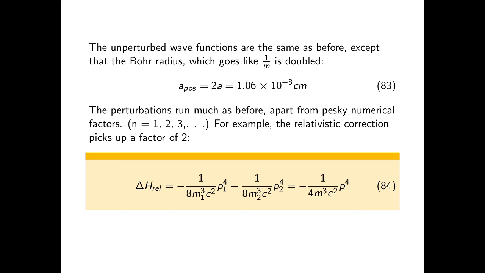Yeah, okay. And of course, Bohr's radius, which is given by 1 by m, is doubled. It's quite obvious, because the mass here is halved and therefore the radius will be doubled. So the radius of a positronium would be 1.06 times 10 to the power of minus 8. And this is basically the unperturbed case.